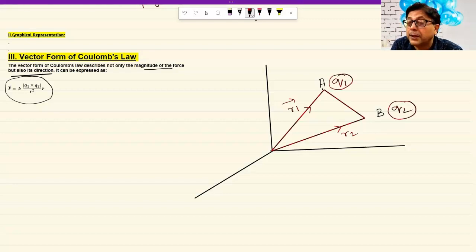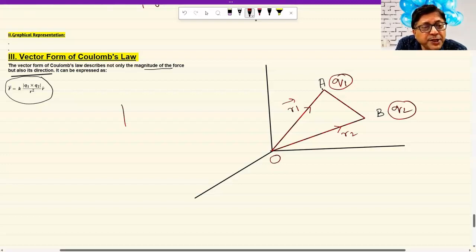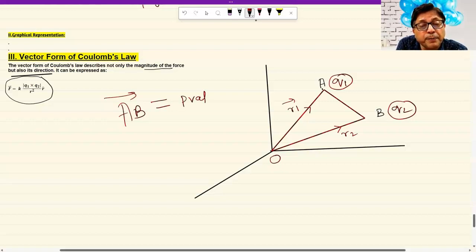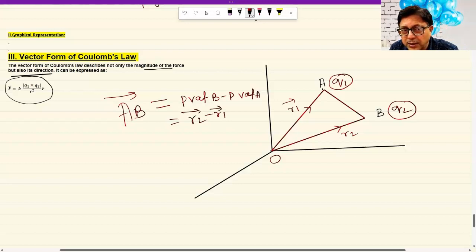Q2 is situated at the point whose position vector is R2, Q1 at a point whose position vector is R1. They are separated by this distance AB. What is AB? By the position vector concept, it is the position vector of B minus the position vector of A. This is nothing but R2 minus R1.